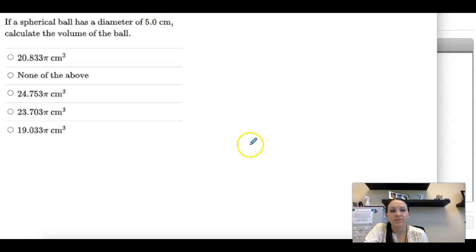But V is 36,000 pi. And using that, we need to find the surface area. So remember, to find the surface area, we need to know what the radius is. So we're going to use this equation and solve for the radius. So I'm just going to rewrite this so it's a little easier to see.